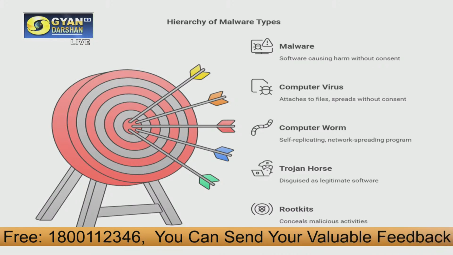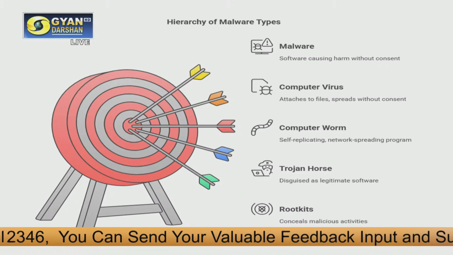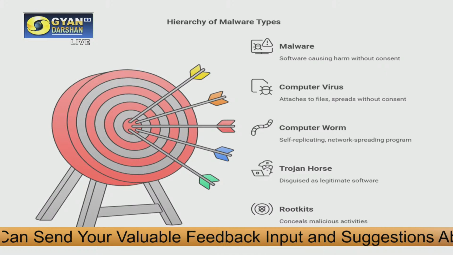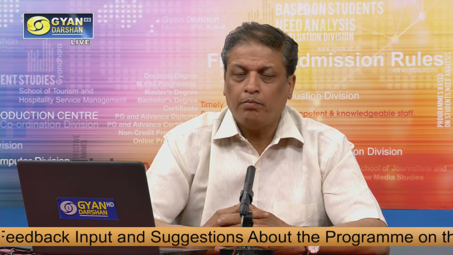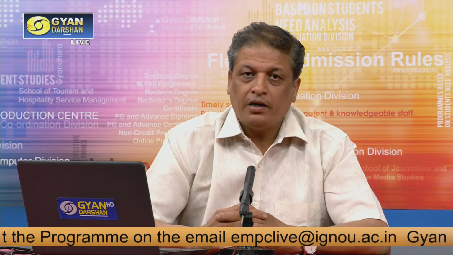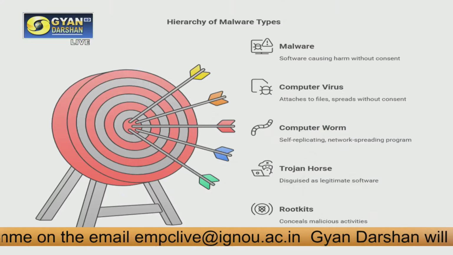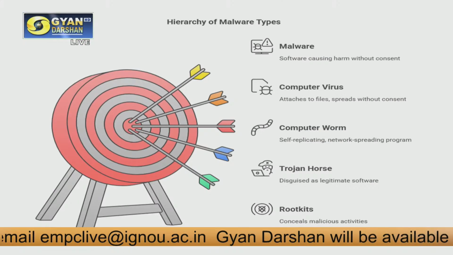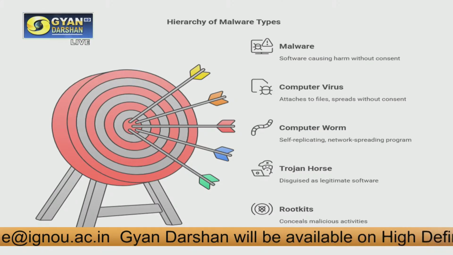Apart from this, worms are self-replicating, network-spreading programs. These worms spread across the networks and make the network congested, as a result of which communication is highly hampered, and this leads to deterioration in the performance of the system.